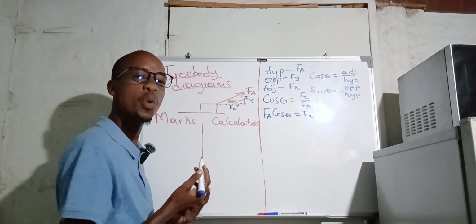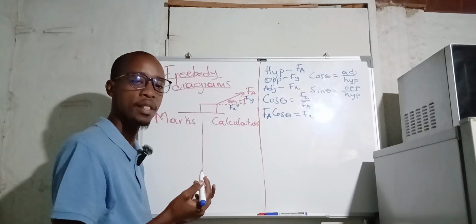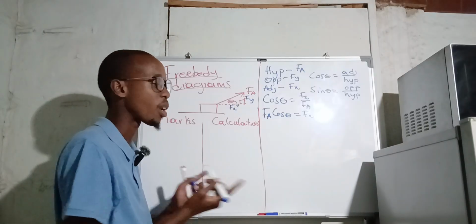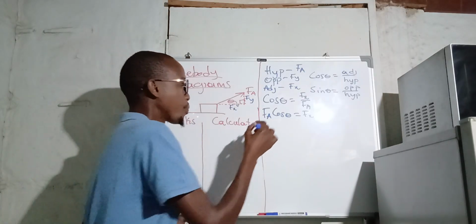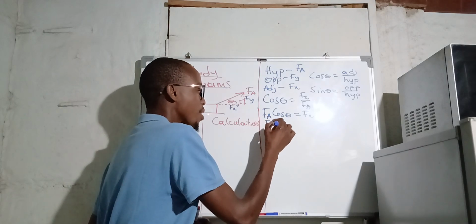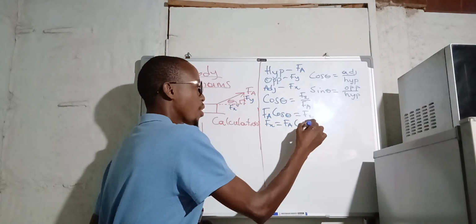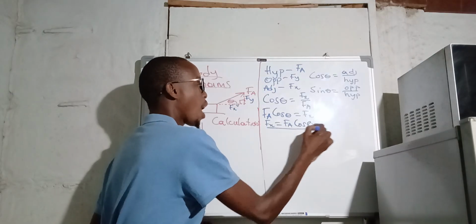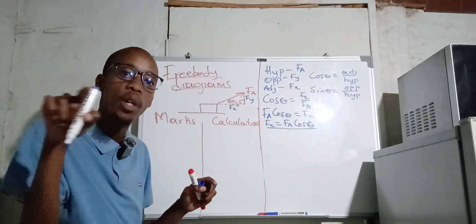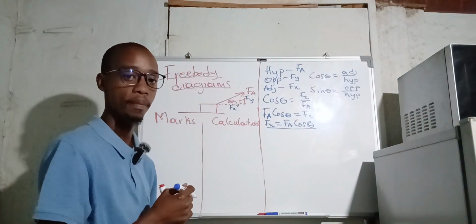It doesn't look nice, so I can just interchange and end up having Fx equal to Fa cos of theta. Now I have the horizontal component of the force applied.